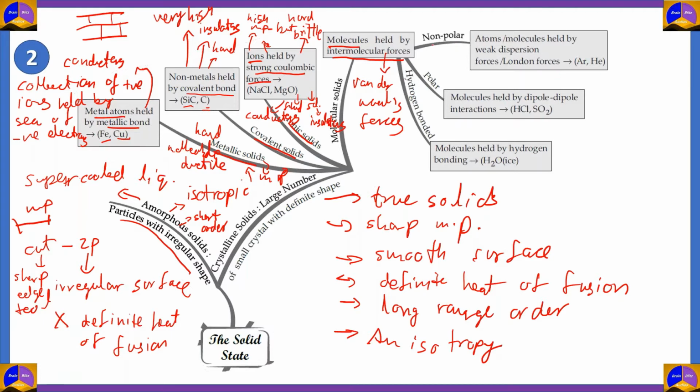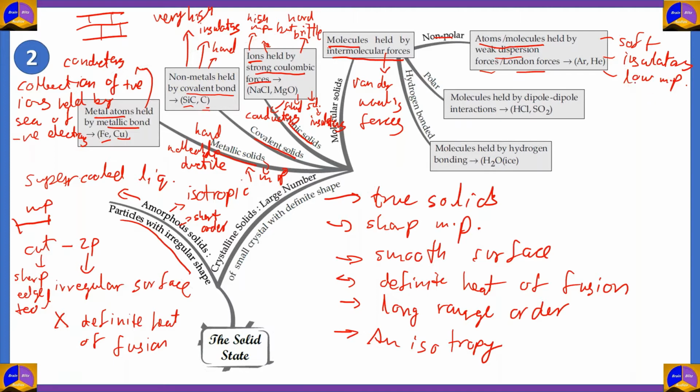The first type is nonpolar solids. The nonpolar molecular solids contain atoms or molecules. These are held by dispersion forces or London forces. So weak van der Waals forces are used to hold these up. And they are soft, which is a general property, and they are insulators, which means they do not conduct electricity, and they have a low melting point.